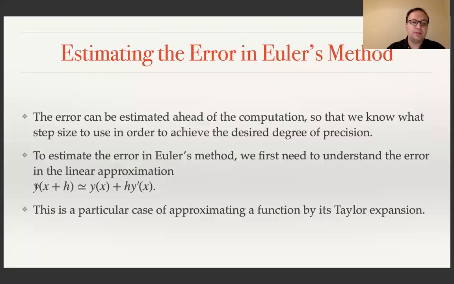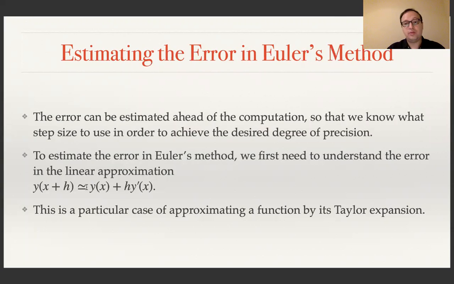So the source of error in Euler's method is the error that we committed when we use this linear approximation, y of x plus h is approximately equal to y of x plus h times y prime of x. This formula is only an approximation.